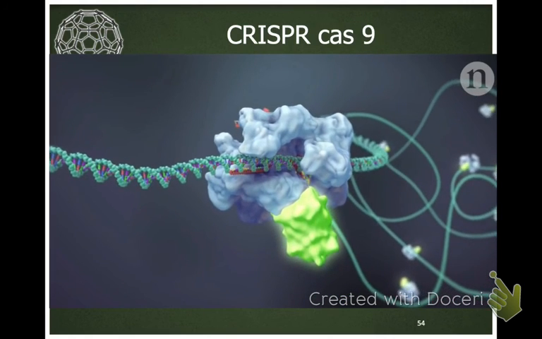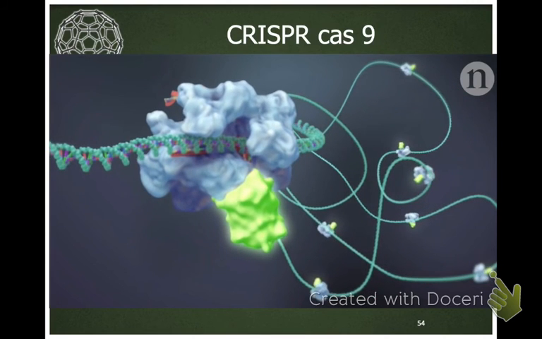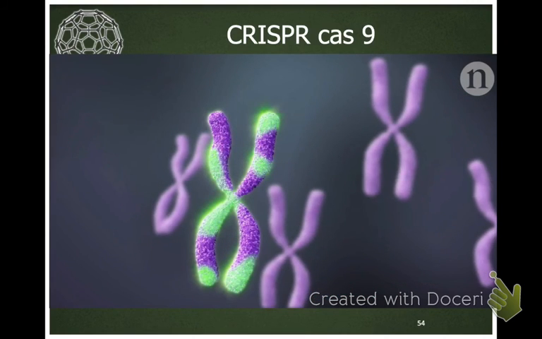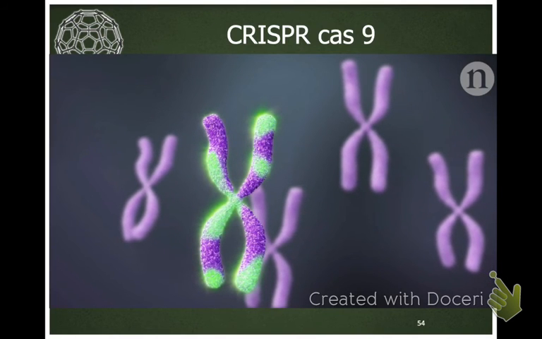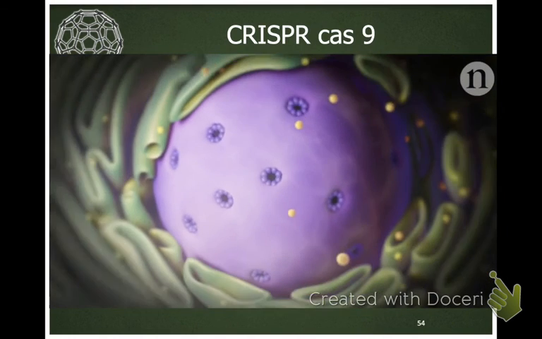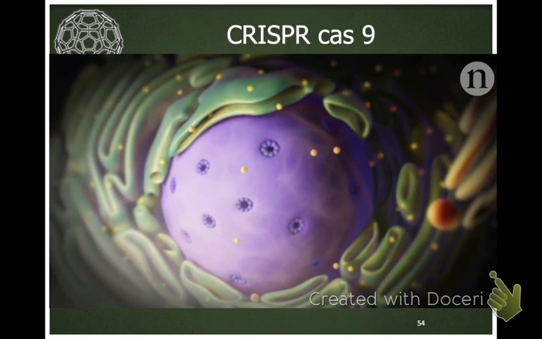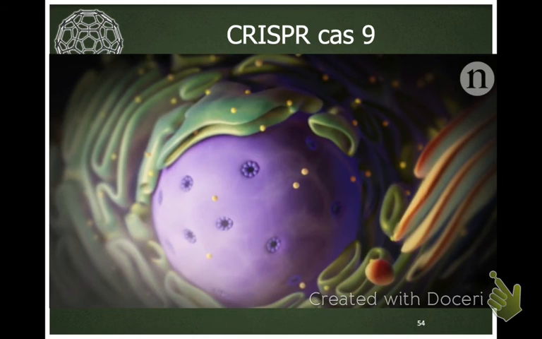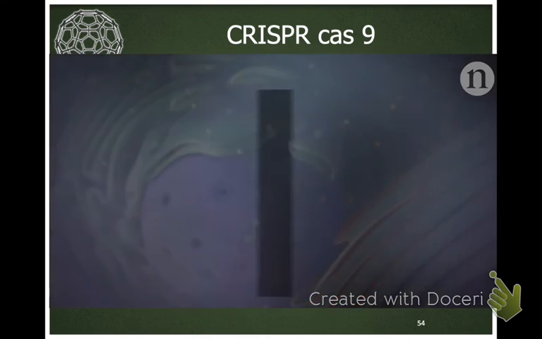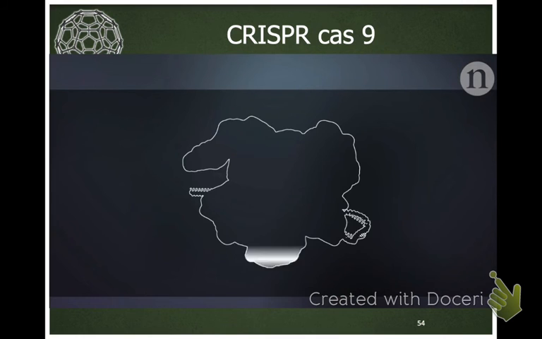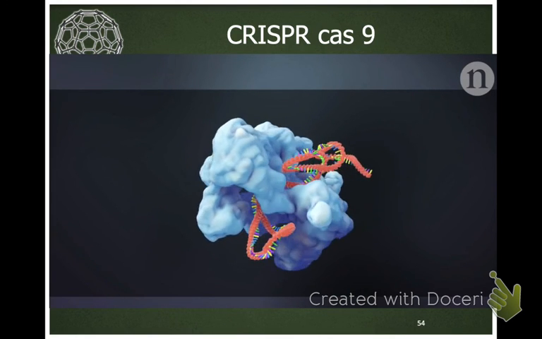This is cheap and easy, and useful for things like visualizing the 3D architecture of the genome, or to paint an entire chromosome and follow its position in the nucleus. CRISPR has already changed the face of research, but these new ideas show that what's been achieved so far could just be the tip of the iceberg when it comes to CRISPR's potential. Whatever comes next, it seems the CRISPR revolution is far from over.